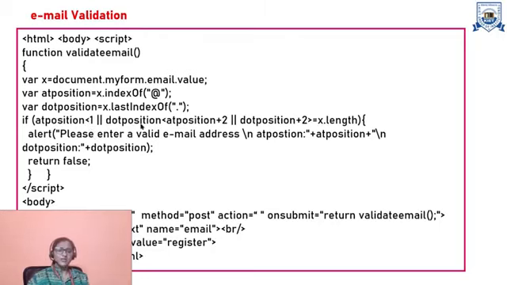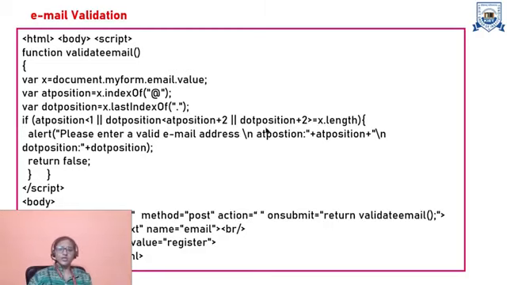Or dot position is less than at position plus 2, as it is required that there must be at least two or three characters after that dot. If it is less than that, it will not be allowed.